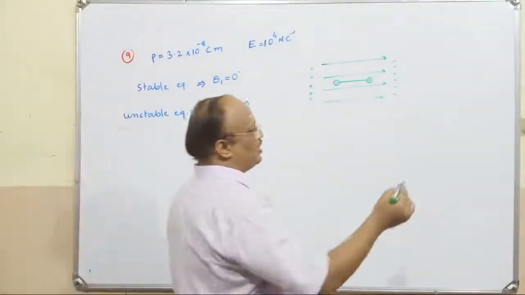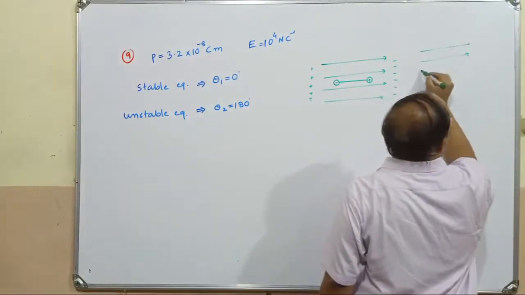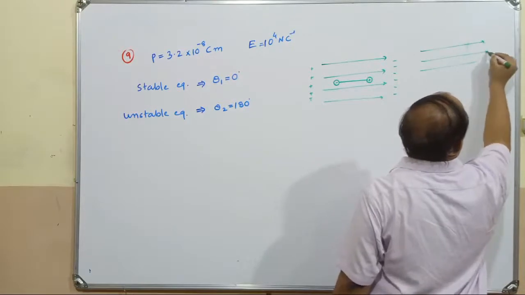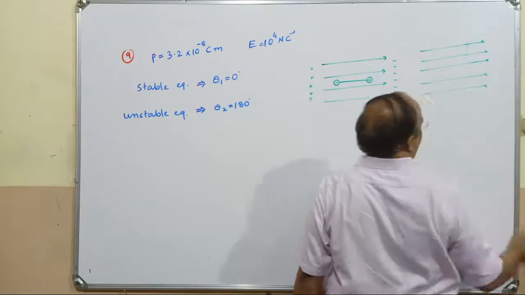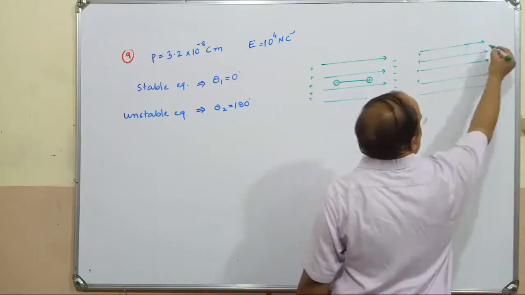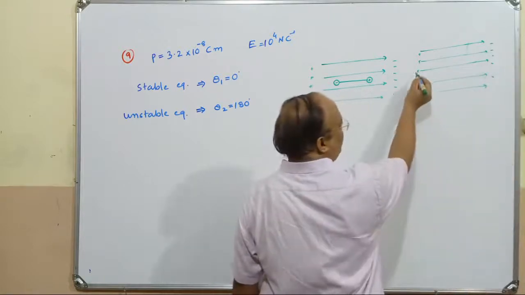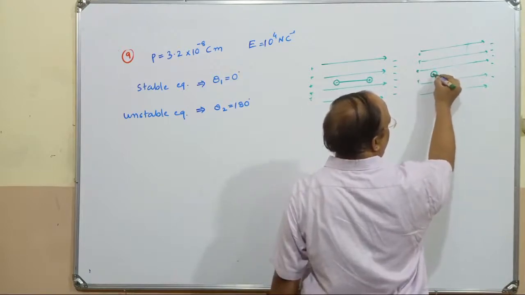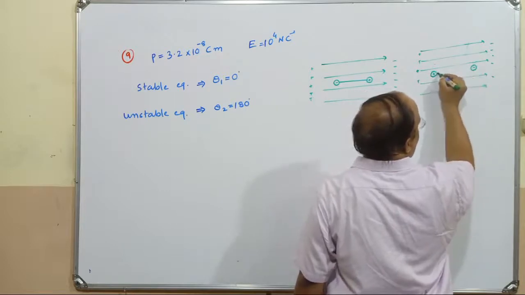In unstable equilibrium, if this is our electric field, the positive charges are on this side and the negative charges on that side. Towards the positive there will be positive, and towards the negative there will be negative.